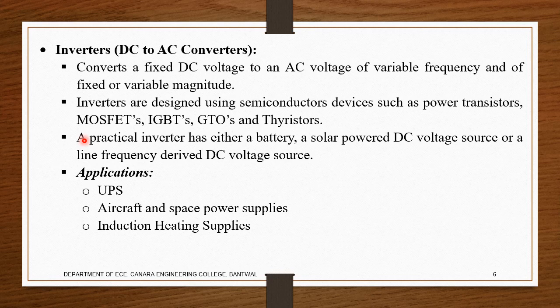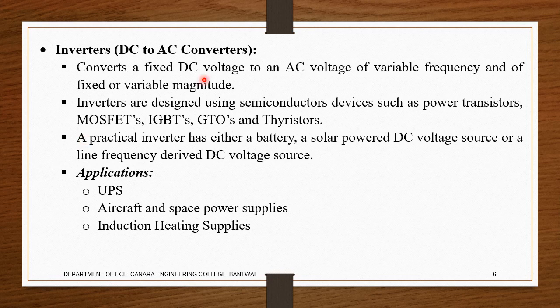When the power goes off in our home, or office, that DC energy stored in the battery is converted into AC and given to our devices.